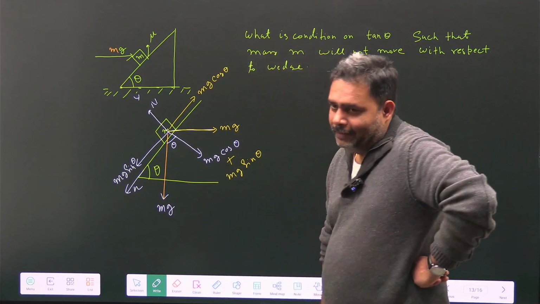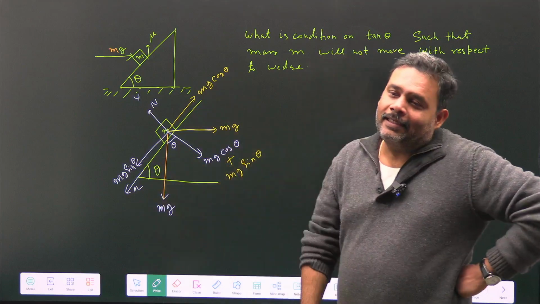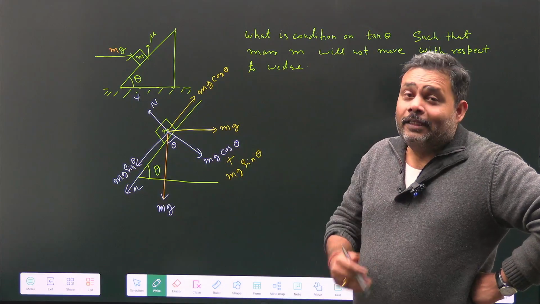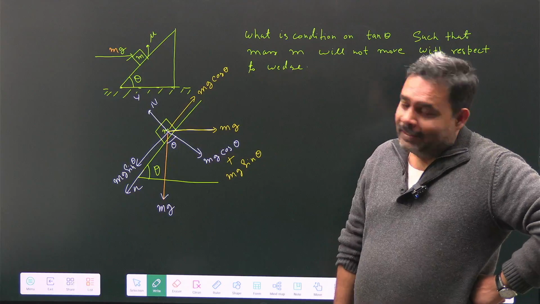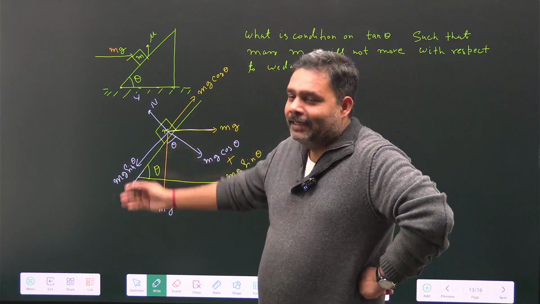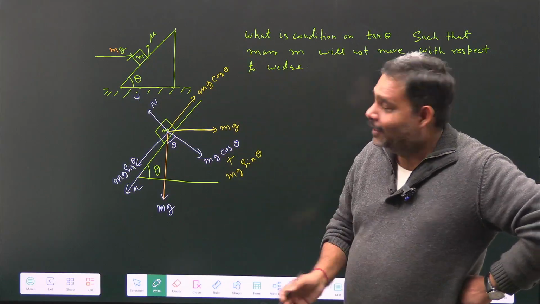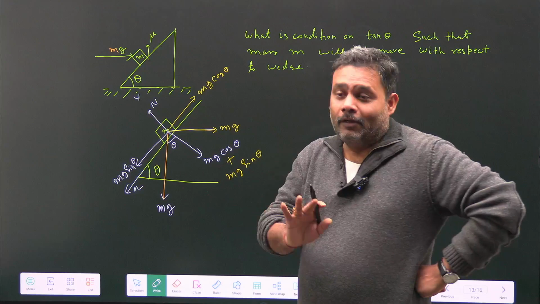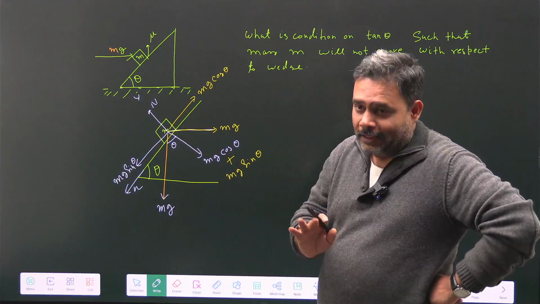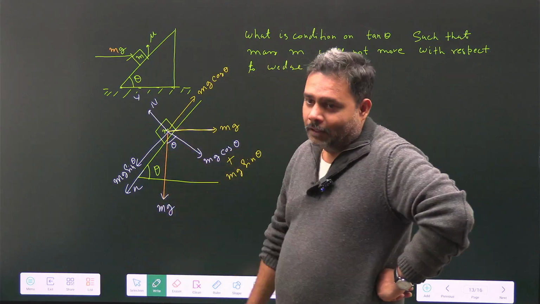Now look here. You have these two forces acting in opposite directions. So there may be a chance that this particle can go upward. If cos theta is greater than sin theta, then it will go upward. And obviously friction will also work here. If it goes upward, the frictional force will go downward.